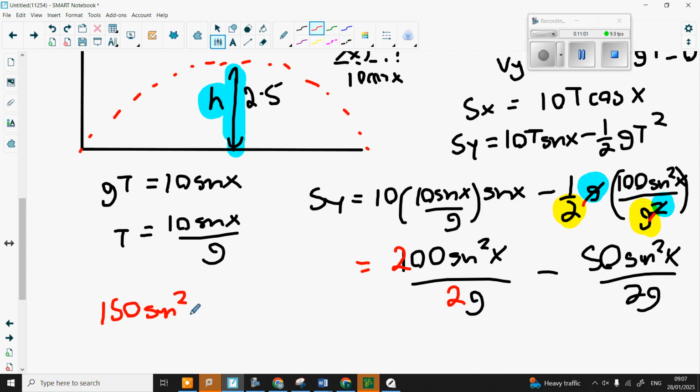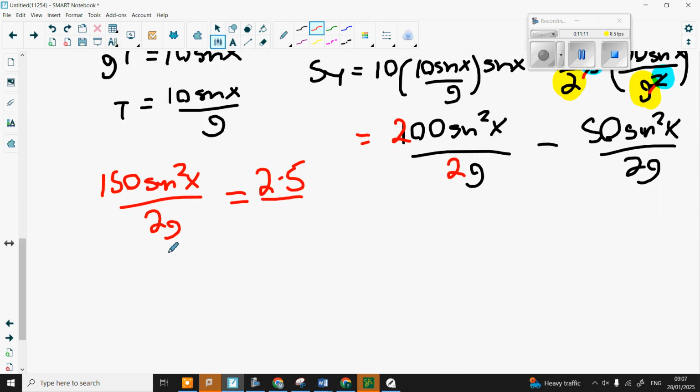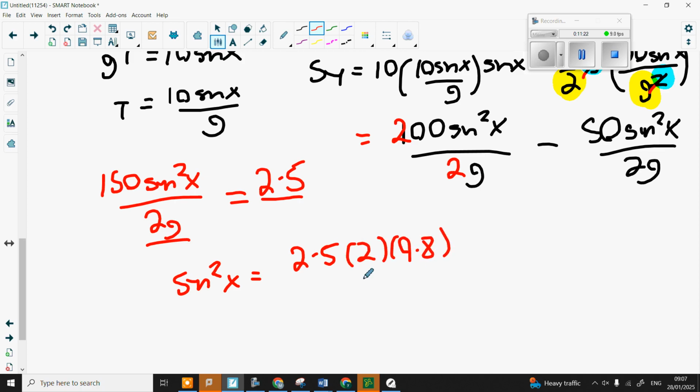150 all over 2g, yeah? And we're told that the maximum height is? Okay. So you get 2.5 and multiply it by 2g. So what we're going to say is that sine squared X is 2.5 multiplied by 2 times 9.8. Then we're going to divide it by 150.